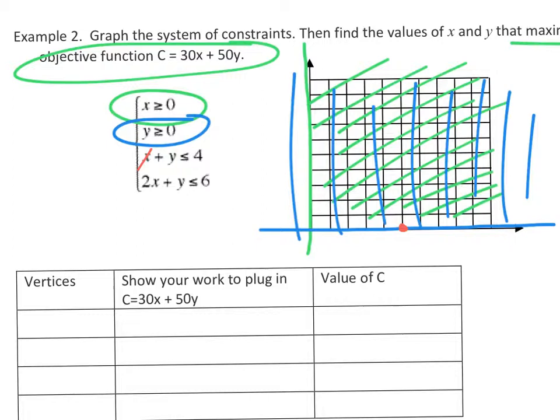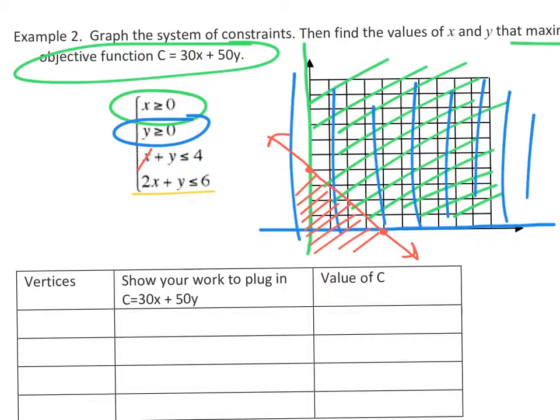I'm going to graph it at 4, 0, and 0, 4, and then connect with a solid line. And I'm going to shade less than. So far in our feasible region, we have this triangle right here.